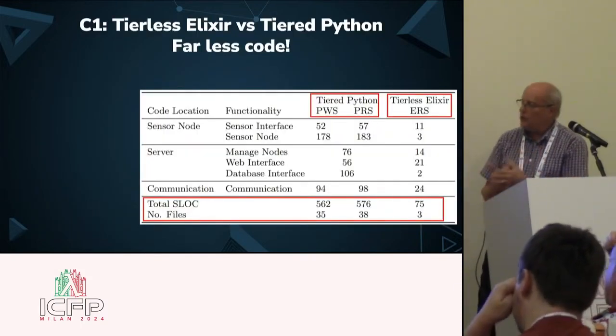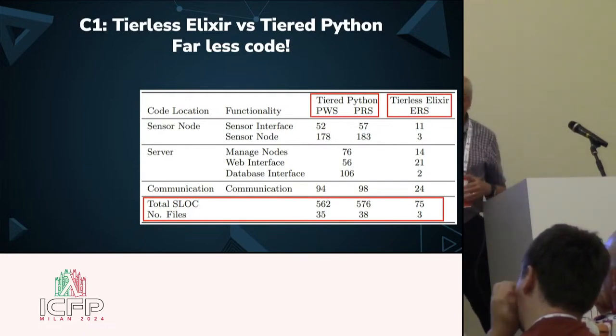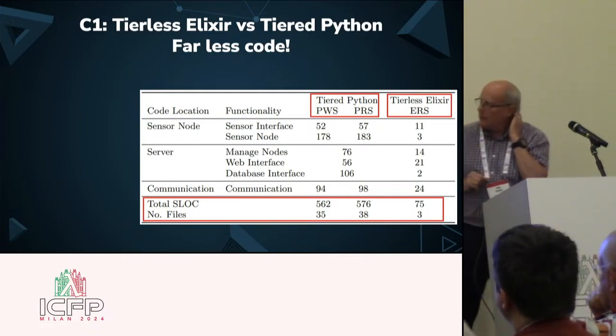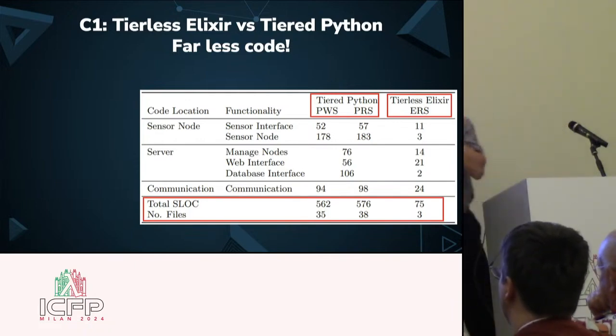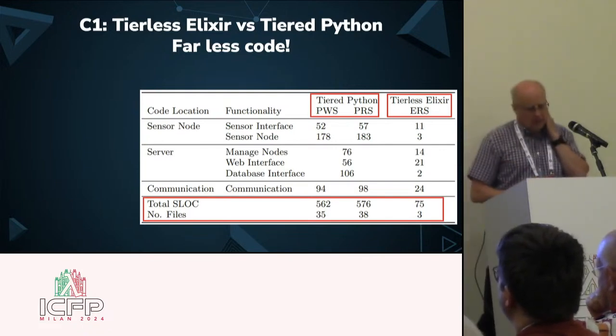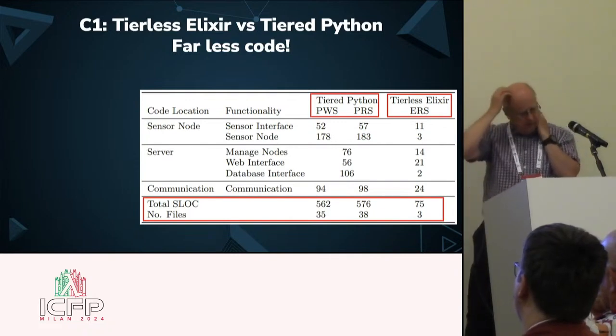Okay, so the first results, concentrate only on the red boxes, please. Comparing Python, in particular PRS, with Elixir ERS, there's rather less code. It's about 87% less, I think.